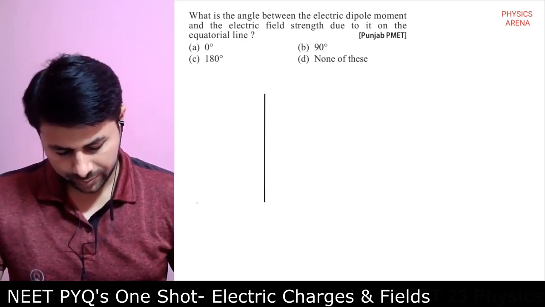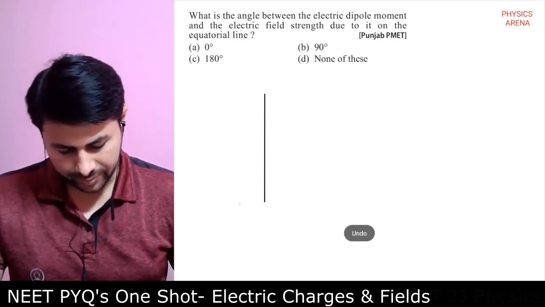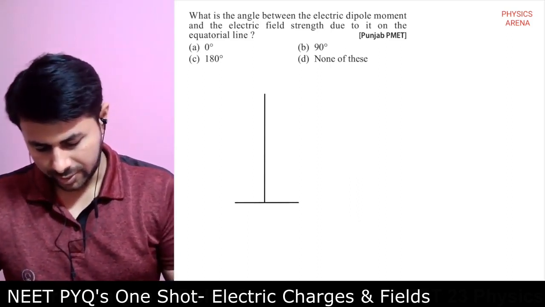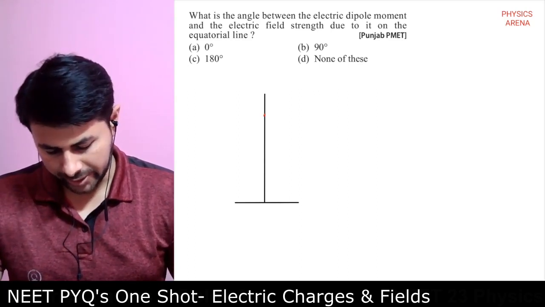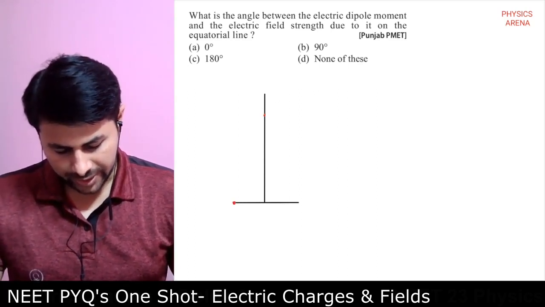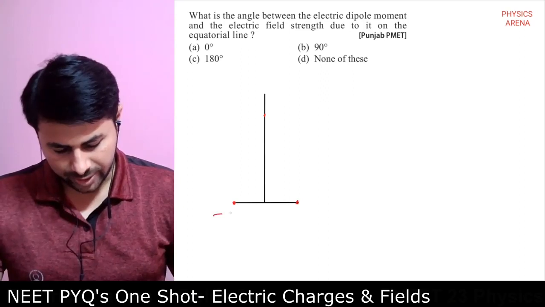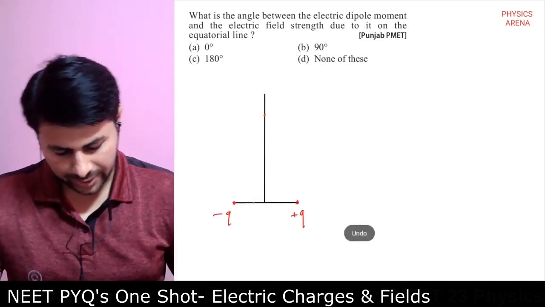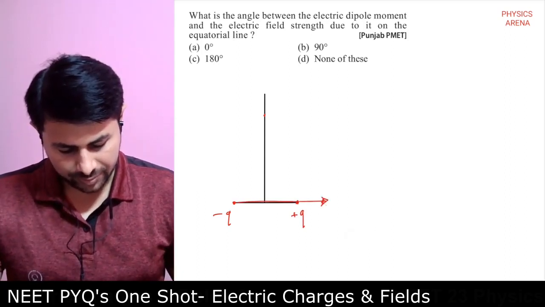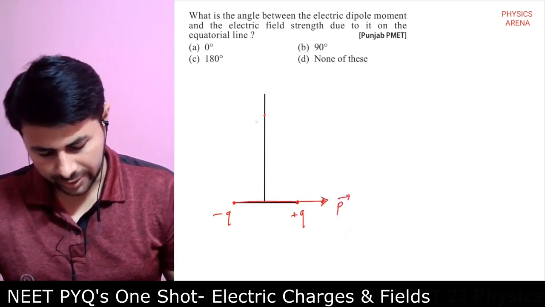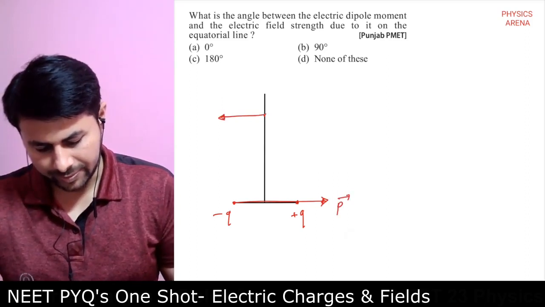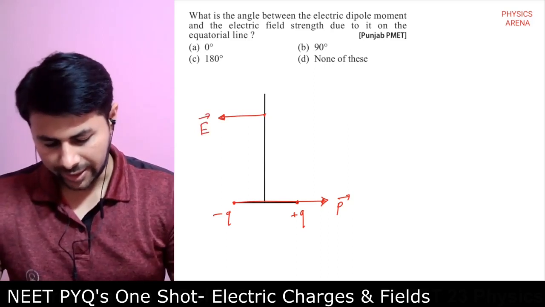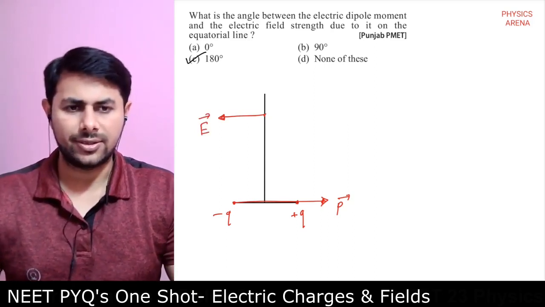So the electric field at an equatorial point is directed opposite to the dipole. This is minus q, plus q. So the dipole moment is directed like this, and the electric field is directed opposite to that. This is the electric field. So how much is the angle between them? It's 180 degrees.